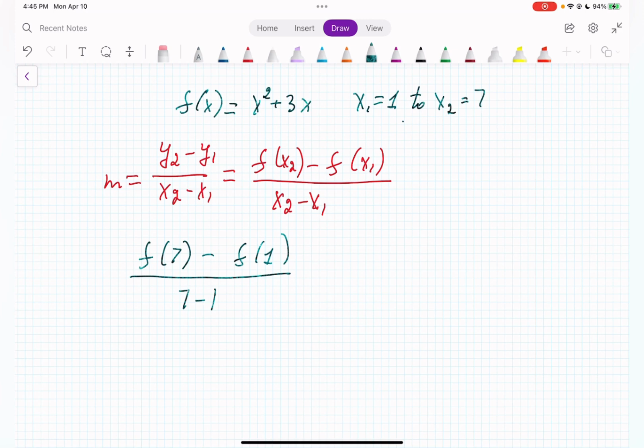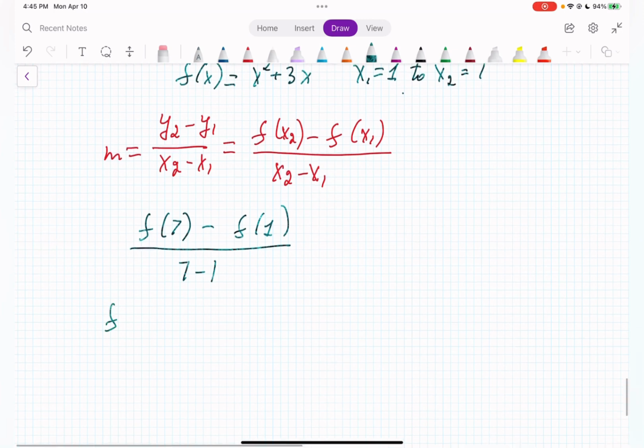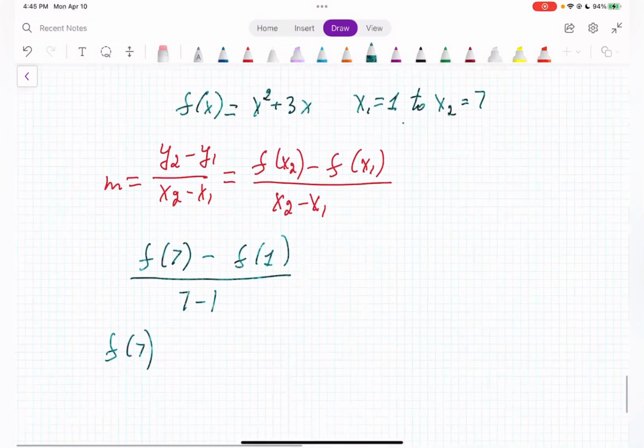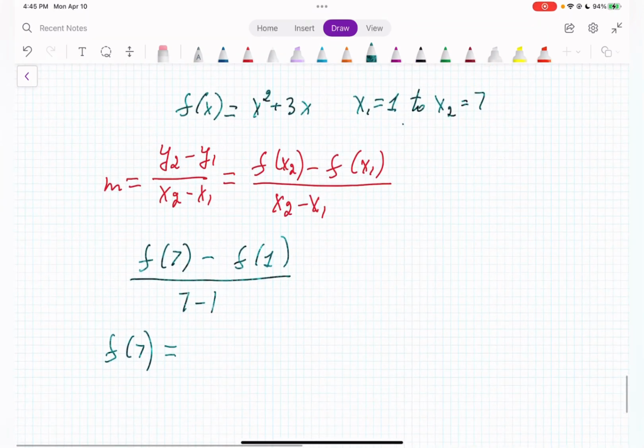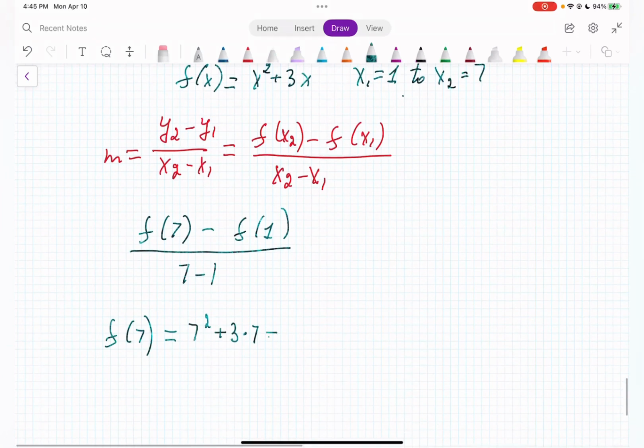So what do we get here? f of 7, what is our equation? x squared plus 3x, right? So it's going to be 7 squared plus 3 times 7. Everywhere where x is, we replace with 7. And this is equal to 7 squared, 49, plus 21.